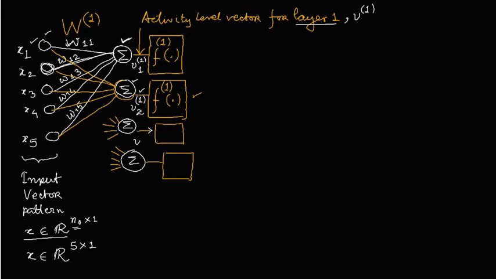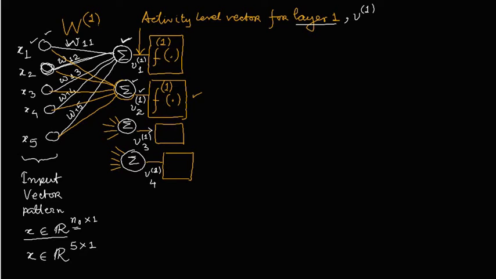Similarly, this will be V superscript 1 and subscript 3, and this will be V superscript 1 and subscript 4. And all these 4 V's will be represented as V superscript 1.